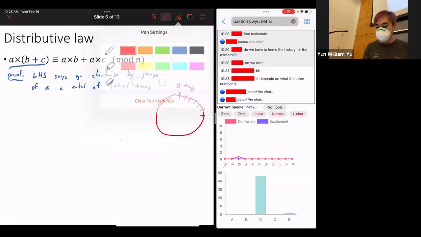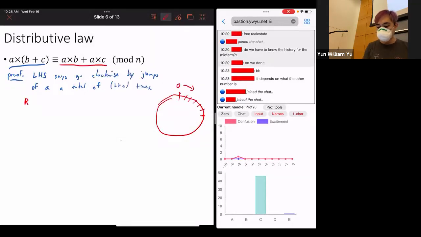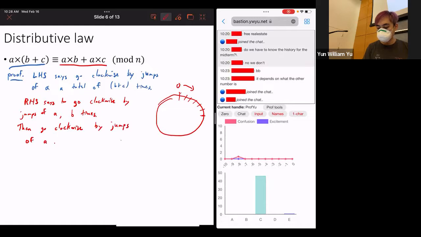Well, what is the right-hand side? The right-hand side says to go clockwise by jumps of a b times, then you do another set, go clockwise by jumps of a c times.